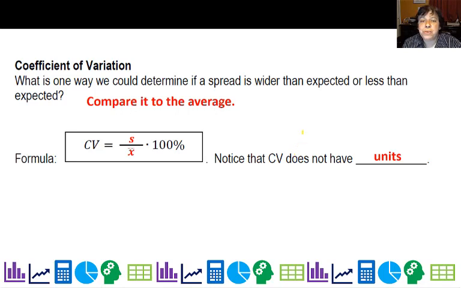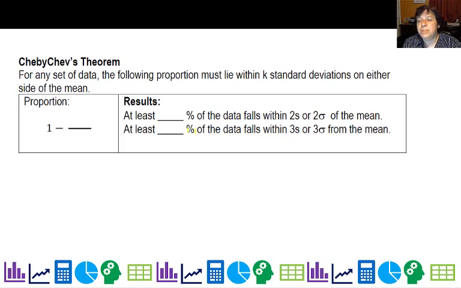Now, another cool theorem we run into is called Chebyshev's theorem, and it comes from this proportion, 1 minus 1 over k squared, where k stands for the number of standard deviations. Well, what Chebyshev found is if you put in, say you were 1 standard deviation away, 1 minus 1 over 1, that's 0.